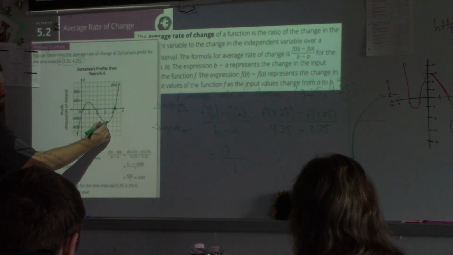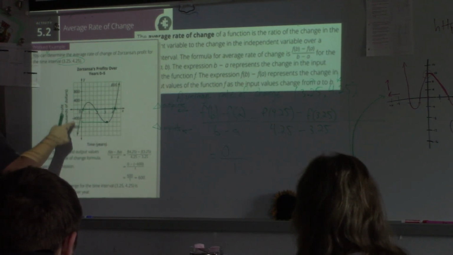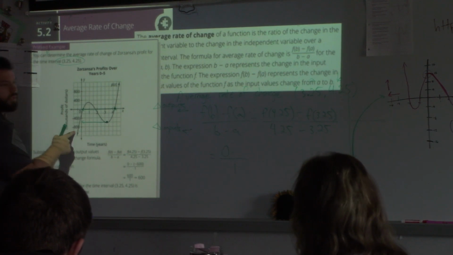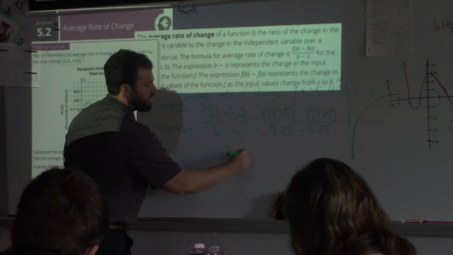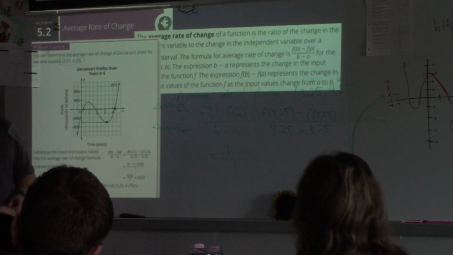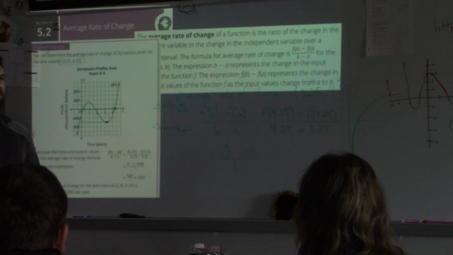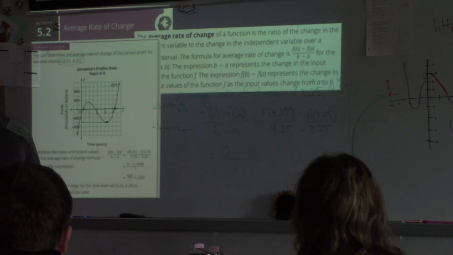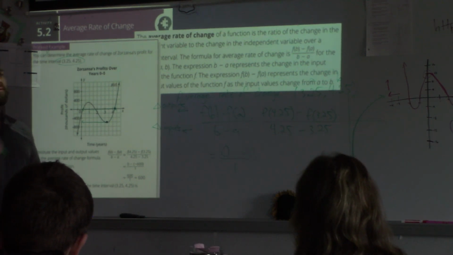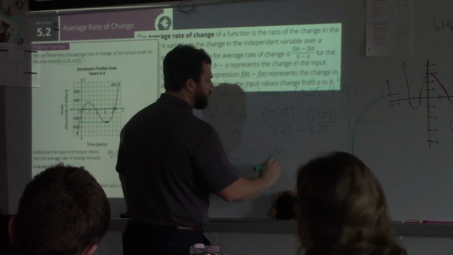Negative 500. Close. Negative 600. Notice it's right between negative 400 and negative 800. So minus a negative 600. All right, so what's 0 minus negative 600? Negative 600. And when you subtract a negative, you end up adding. So 600 divided by 1.